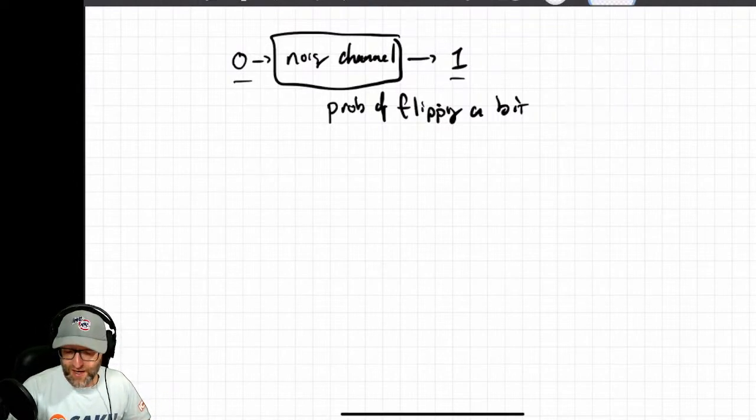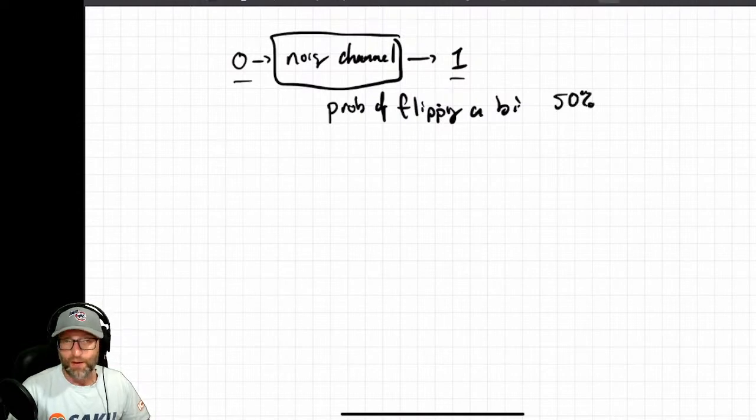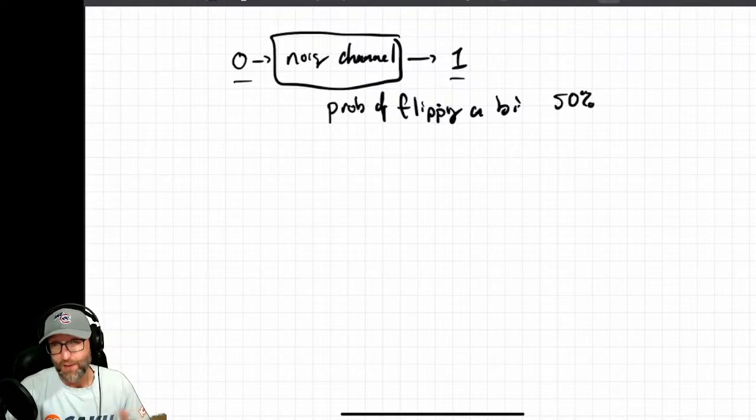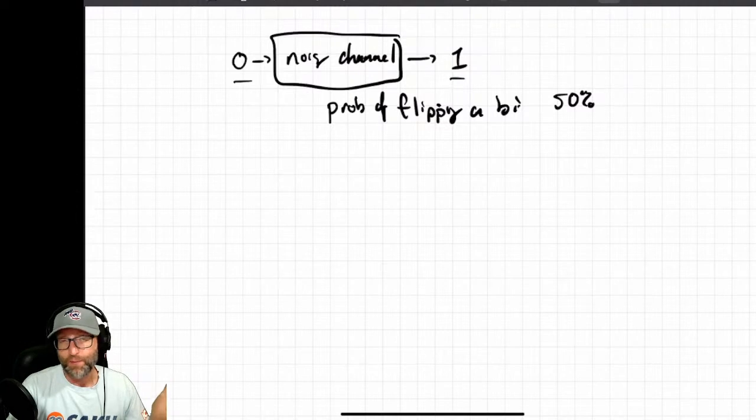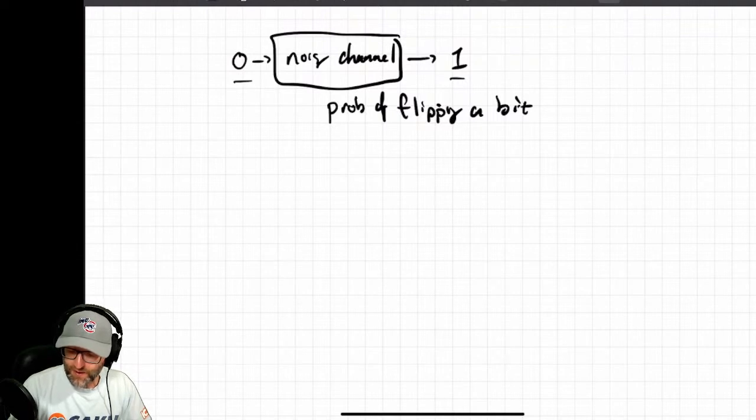Instead, the noisiest channel is if it's a 50% probability that a bit gets flipped. Now you have no assurance about any of the data that comes through at all. Zeros could be randomly flipped to ones. Ones could be randomly flipped to zeros, right? You hope that the probability is very, very low, say 0.0001 or something like that.